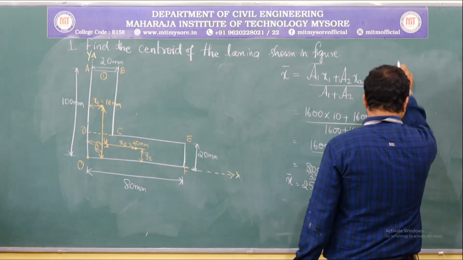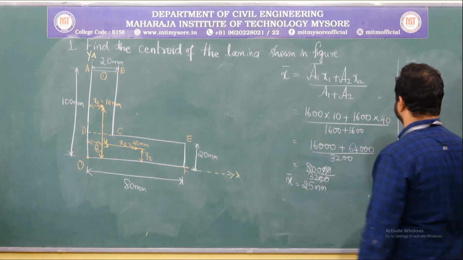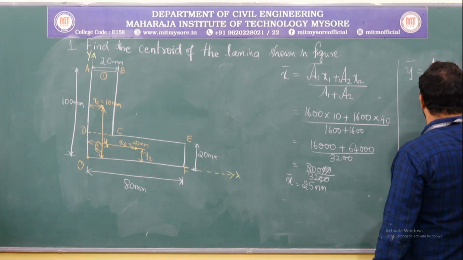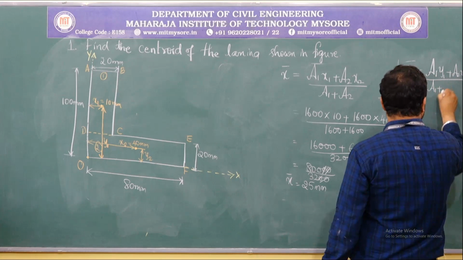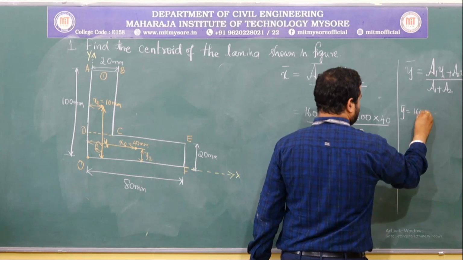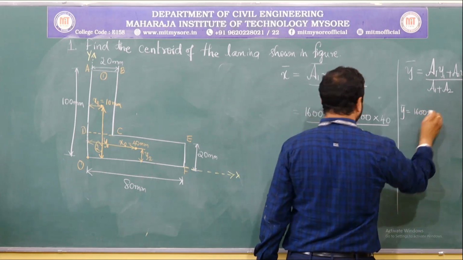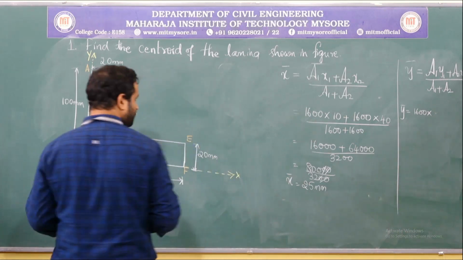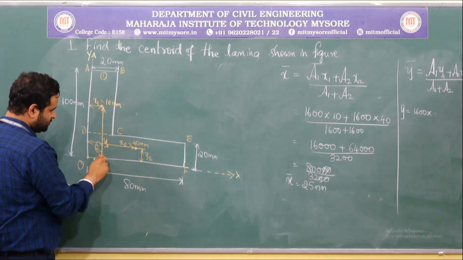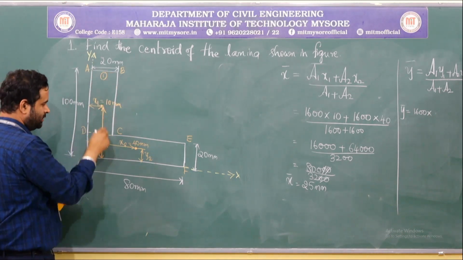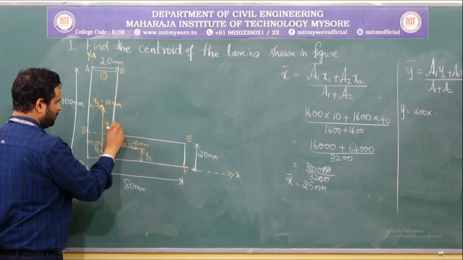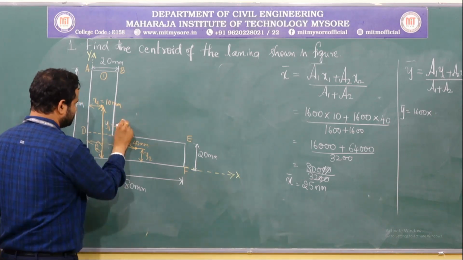Similarly, if I calculate y bar, which will be equal to A1 y1 plus A2 y2 divided by A1 plus A2, y bar equals 1600 into y1. This is the total y1, so it is 20 plus half of 80, which is 20 plus 40, it is 60 mm.